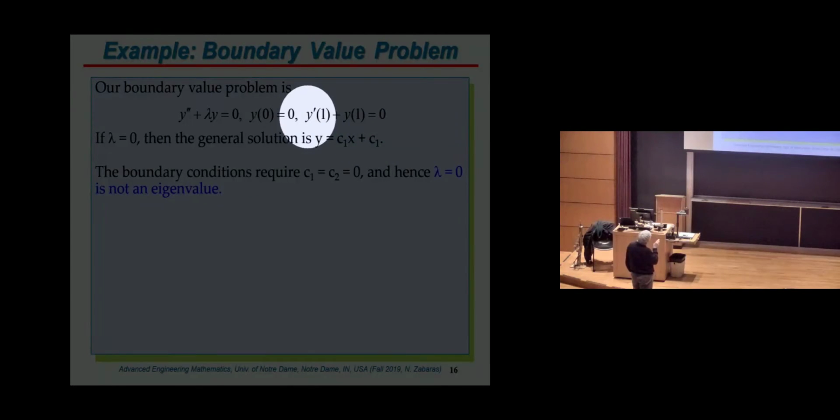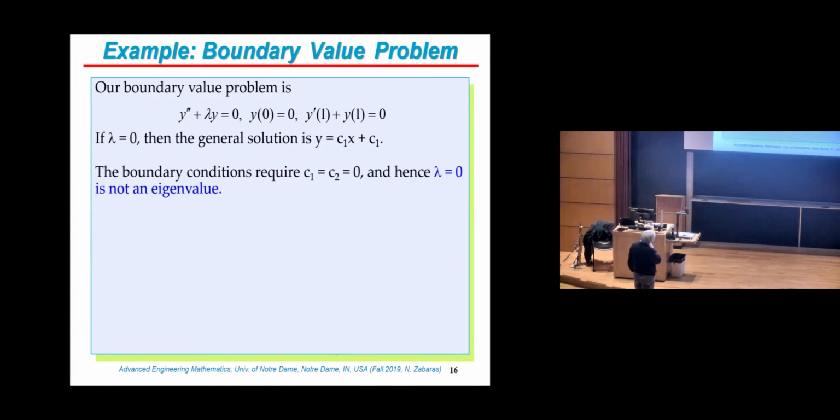And then from the derivative condition, one has to be C1 and another one has to be C2, so we will correct this. Basically both coefficients are equal to 0, which means lambda equal to 0 is not an eigenvalue. For lambda equal to 0 to be an eigenvalue, the eigenvector has to be non-zero, but here everything is 0.